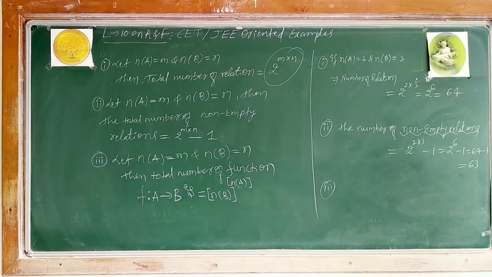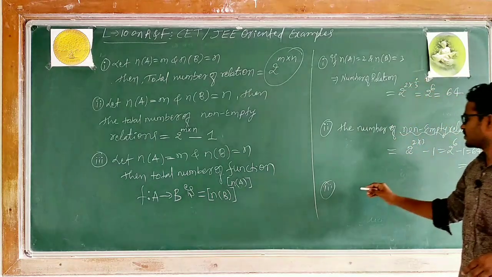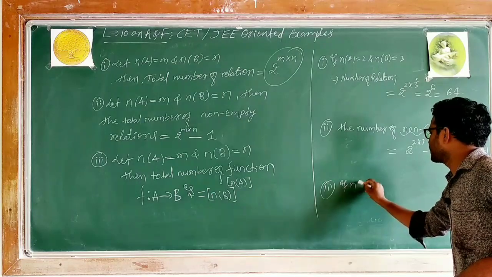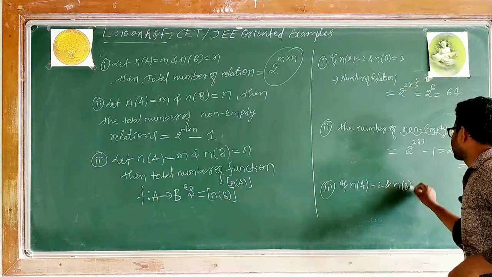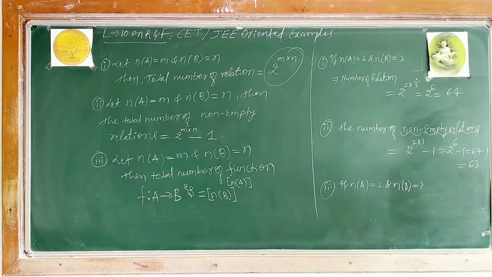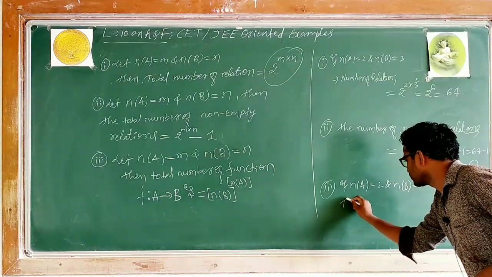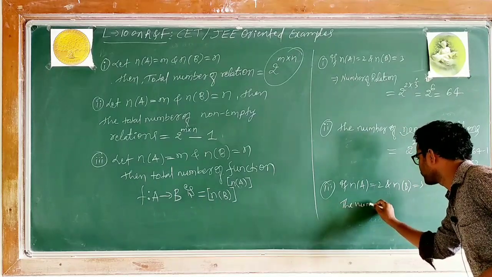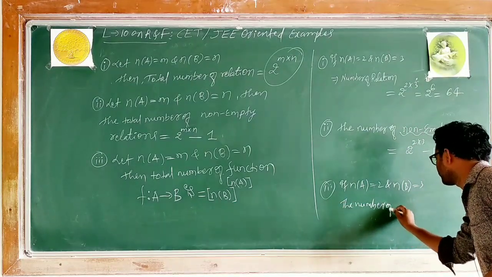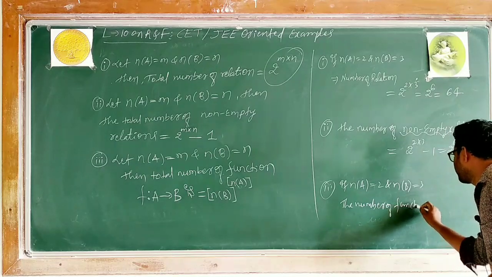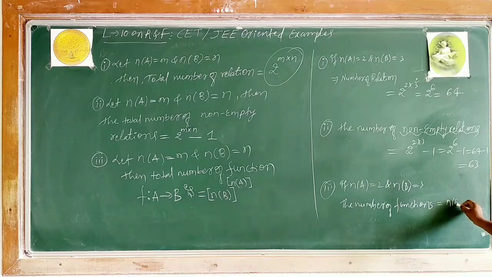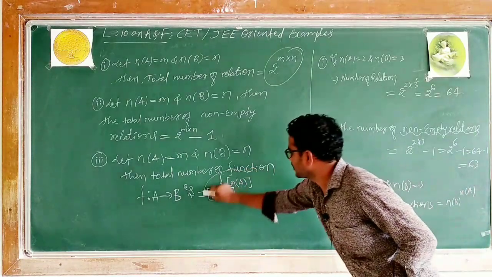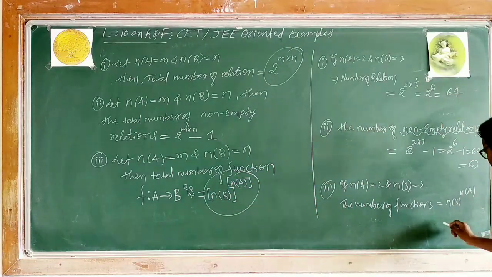Here again, if n of A is 2 and n of B is 3, the number of possible functions is n of B to the power n of A. What is n of B?